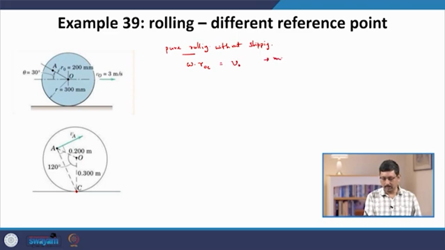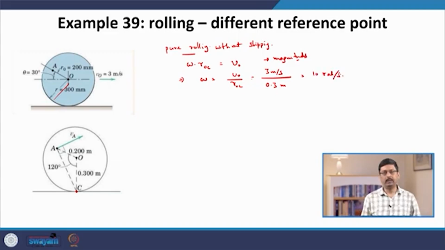These are all magnitudes. This gives the angular velocity, which is the same for all the points, assuming this wheel is a rigid body, V0 divided by ROC. So, V0 is 3 meter per second divided by ROC, which is 0.3 meter. So, that means omega is 10 radian per second.